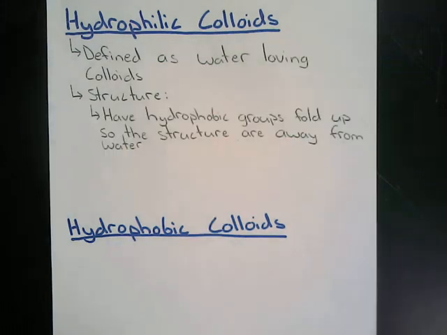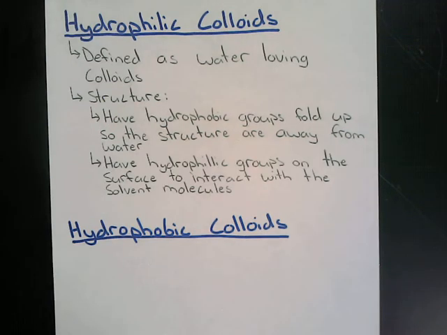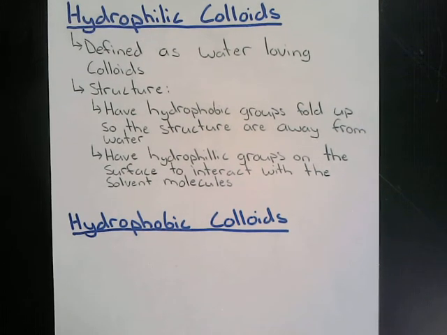And then they have hydrophilic, the water-loving part. Those groups are on the surface of the molecules so that they can interact with the water molecule, which is acting as the solvent. Some good examples of hydrophilic colloids are some large biological molecules.